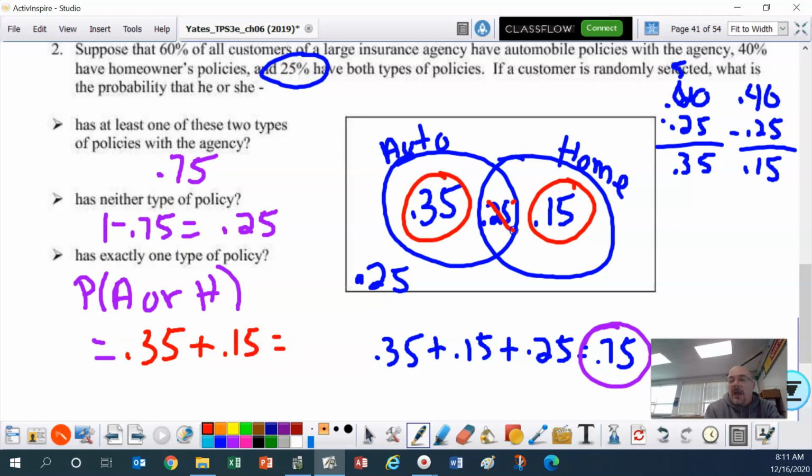Notice I am not counting both of them. I'm doing one or the other. Has exactly one, but not both. So that's going to be 40, 50, and that would be our answer. Okay, exactly one. All right, let's keep rolling.